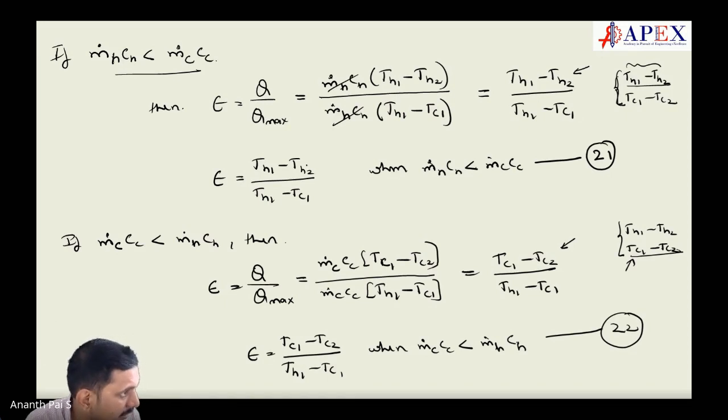This is very important in problem solving. They might give you the four temperatures and the m dot C values, and ask you the effectiveness of the heat exchanger.